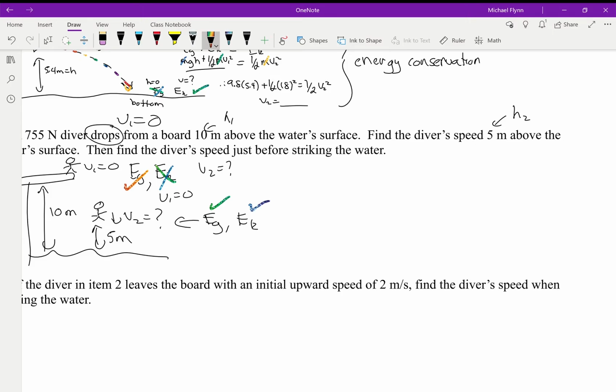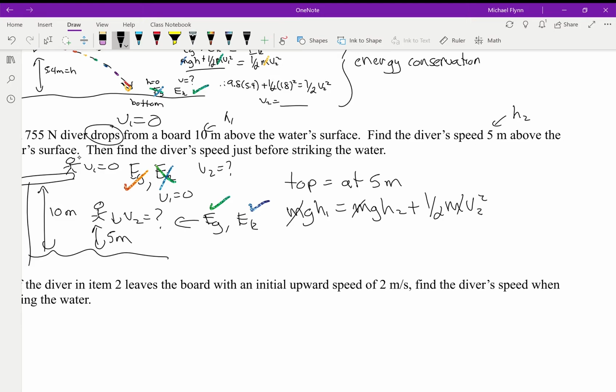So what you do is the energy at the top equals the energy at 5 meters. Therefore, mgH1 equals mgH2 plus 1/2 mv2 squared.